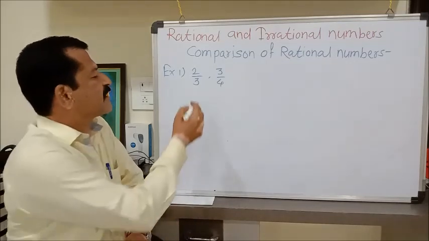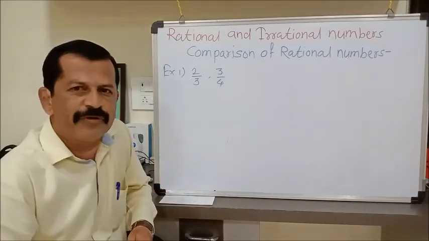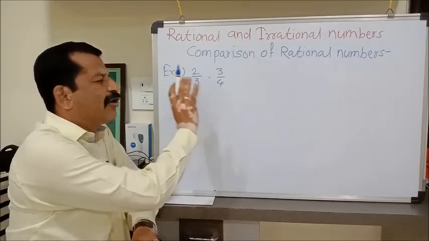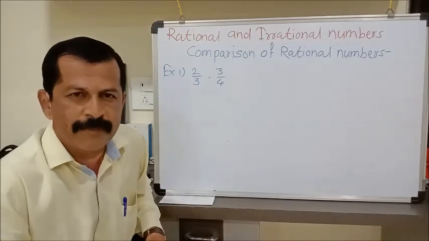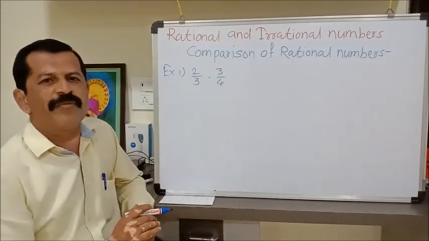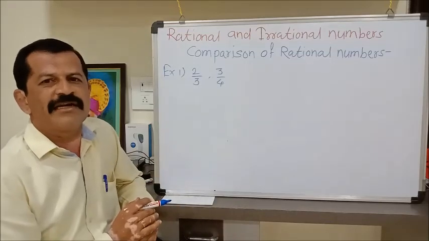Here the first rational number is 2 by 3 and the second is 3 by 4. The denominator of the first fraction is 3 and of the second fraction is 4. That means these two fractions have different denominators, so we must equalize the denominators.